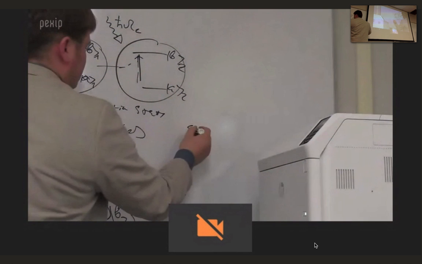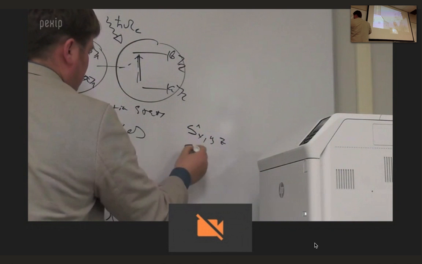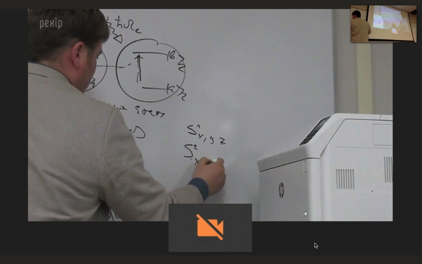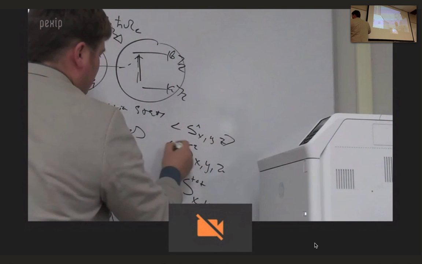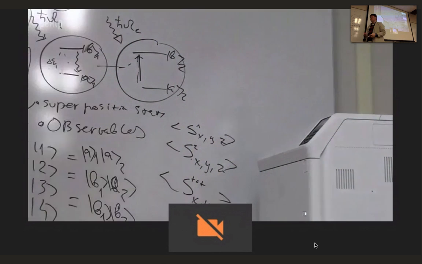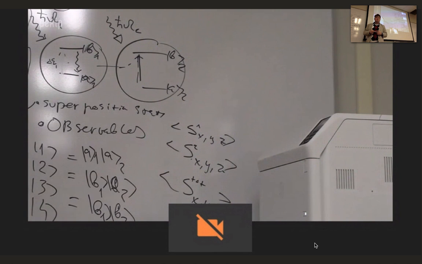So system 1 x, y, z, system 2 x, y, and z, and total x, y, and z. We may want to set up these operators, and then after we run the dynamics that changes the system along the time, we may compute those as observables, to see how the superpositional state evolves in time and whether it maintains its superpositional state properties.